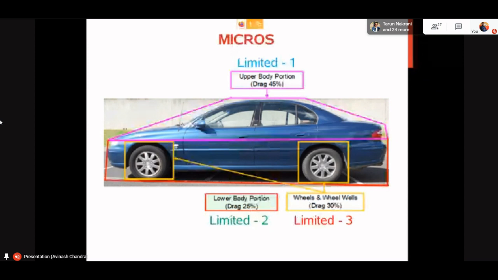But yeah, if we go into the details, now, if we want to reduce the drag, the limited one is, you cannot play a lot of things with your upper body portion, because it carries the looks of the body.